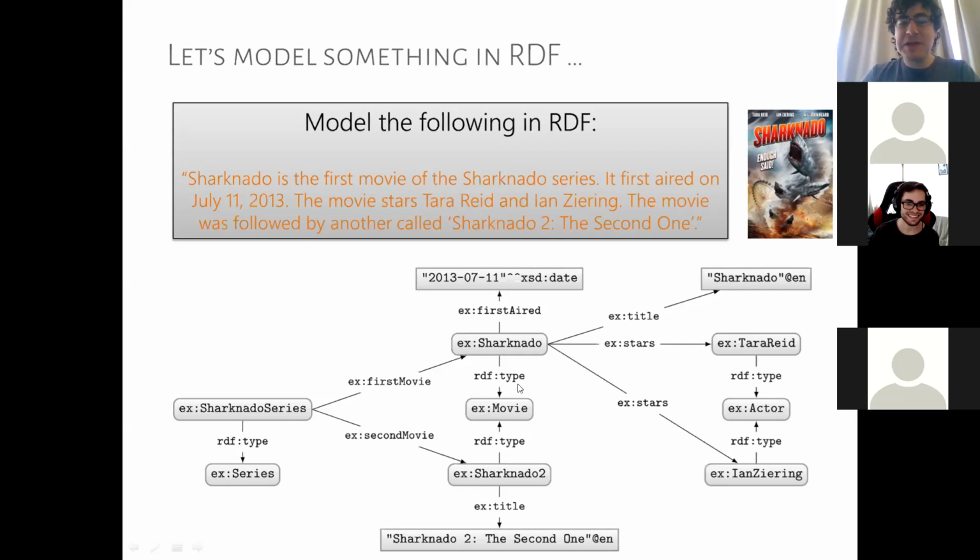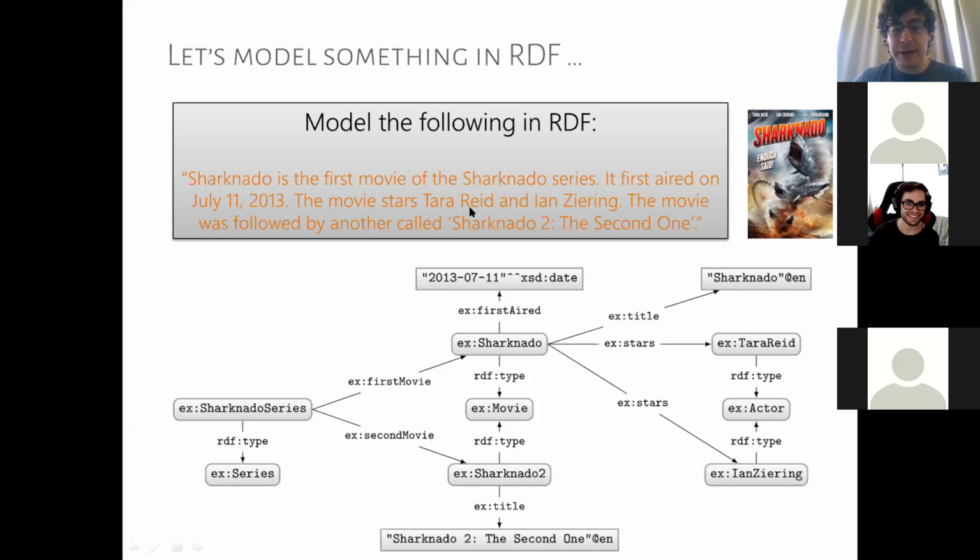And since it's so common, instead of having 100 different properties for this across the web, in the standard itself, it's defined this property. So we say that Sharknado series is a series. The first movie is Sharknado. Okay. It aired on July 11th, 2013. So we create that with a data type literal, and we give the relation first aired between Sharknado and the date.